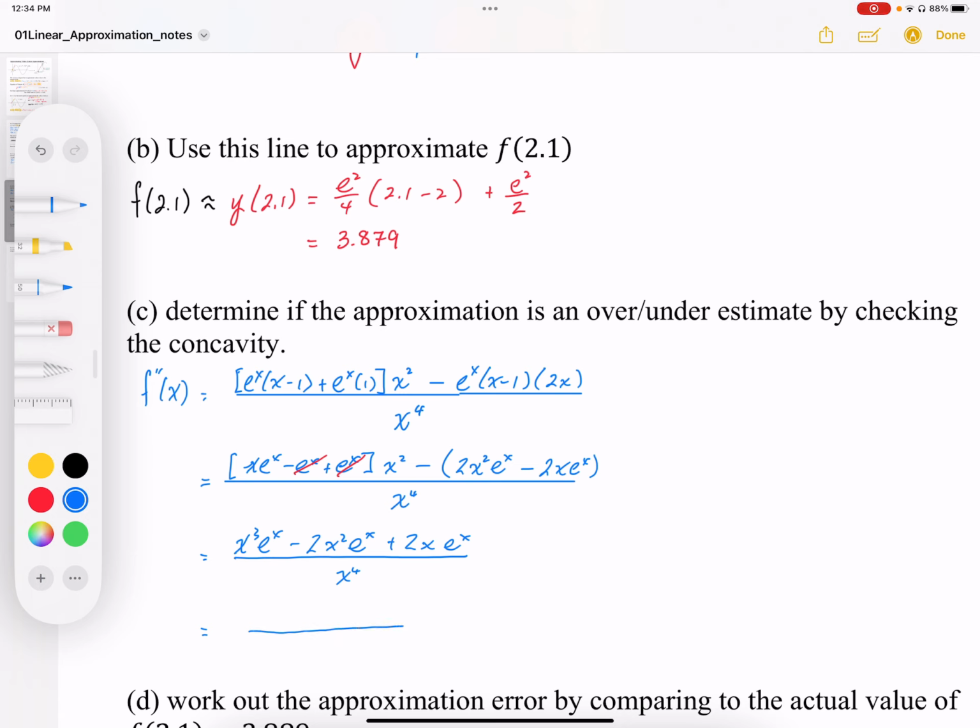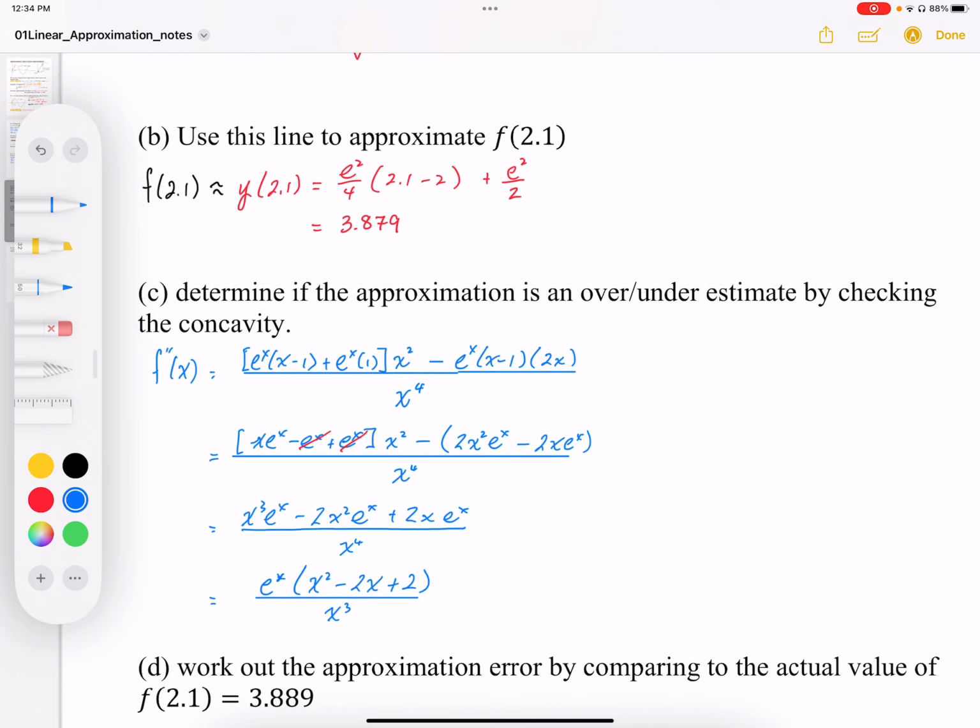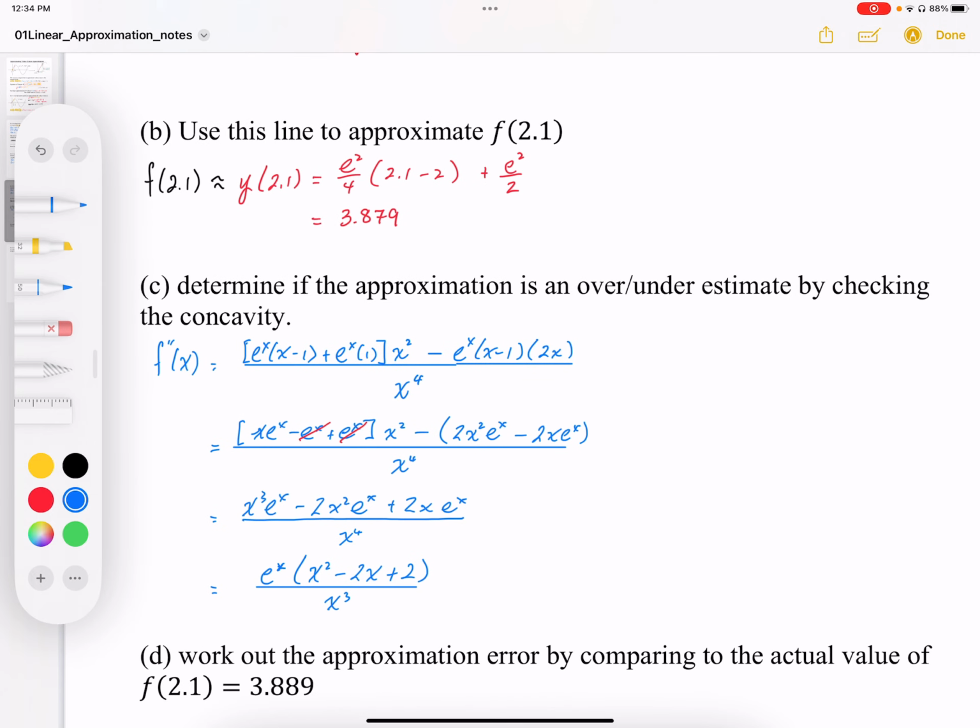So in the denominator, I'm going to end up with x cubed. I'm going to factor out the e to the x, and I'm left with x squared minus 2x plus 2, and there's my second derivative. And all I want to do is then check to see that the concavity near 2 is going to be positive or negative, so I'm going to check my concavity.